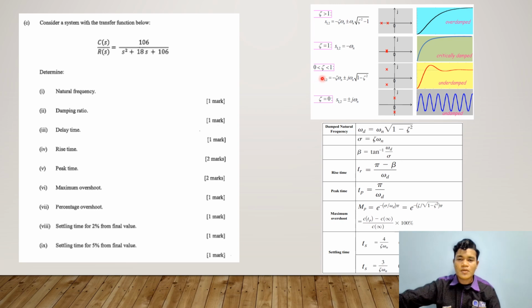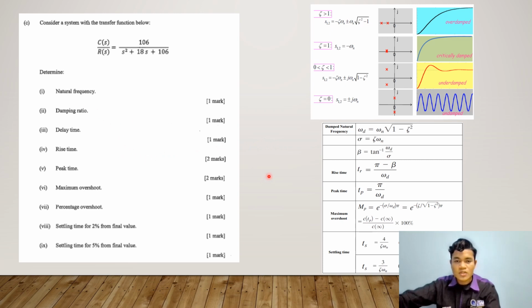When zeta is below 1, it's underdamped, and when zeta equals 0, it's undamped. This is the formula that I got from my notes. Damped natural frequency omega d equals, this is the formula.